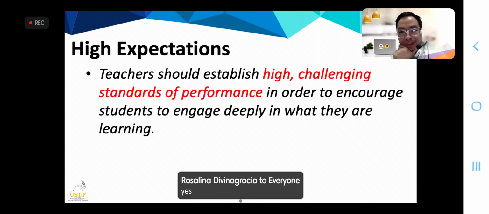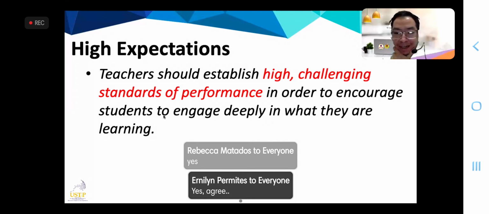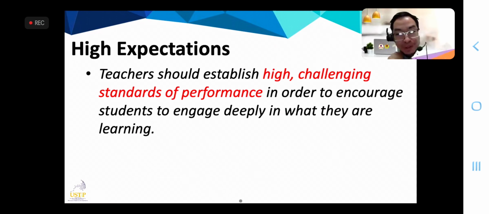Ma'am Anna Babes says no. I think she's the only one who said no. Ma'am Hylon said no: challenging tasks usually move our students to do more. Okay, so there's a divide of opinion. Some are saying yes, some are saying no.